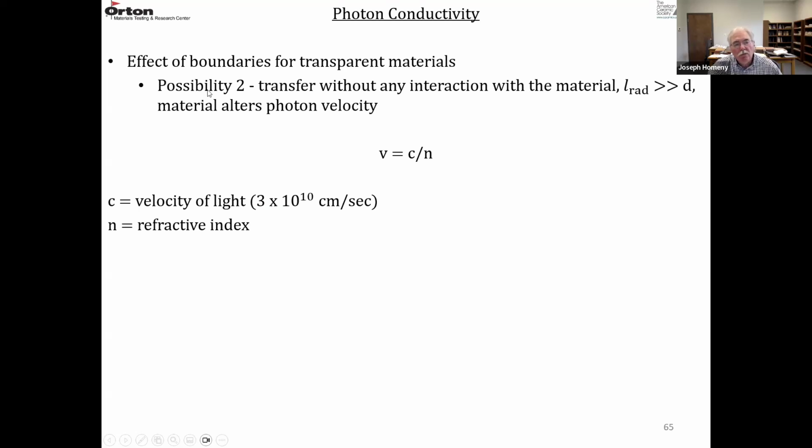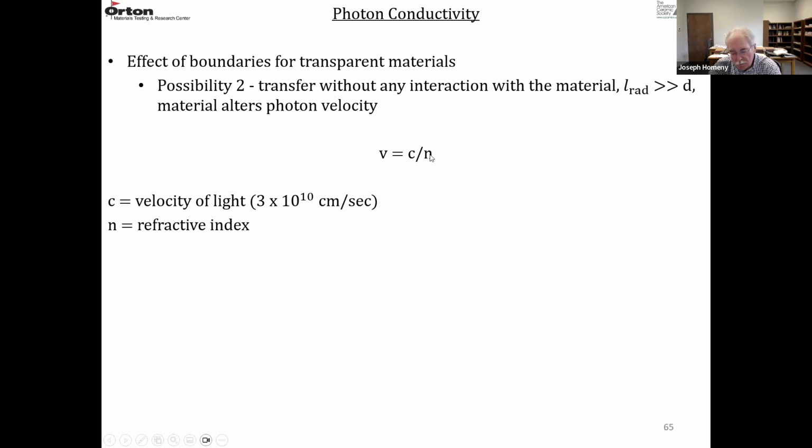In the second possibility, you have transfer without any interaction when the radiation mean free path is larger than the sample size. But what you do is alter the photon or radiation velocity: V equals C over N. Again, C is the velocity of light and N is the refractive index.